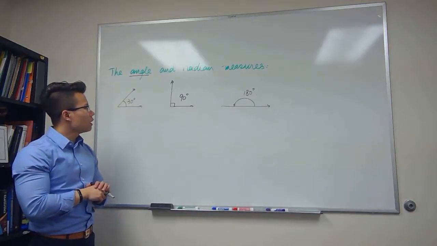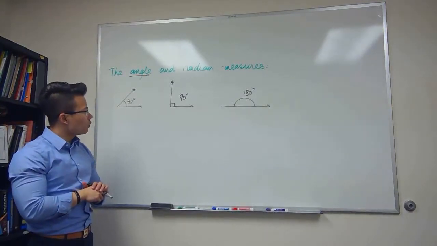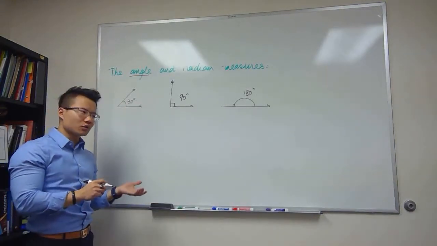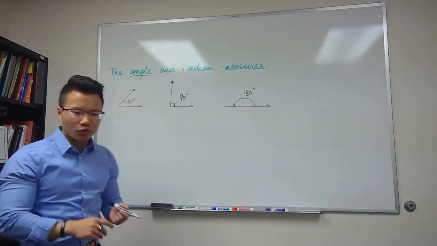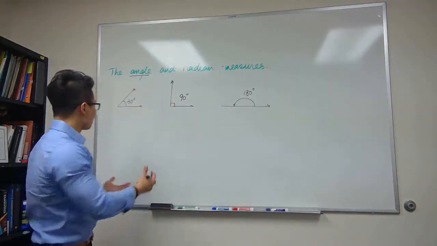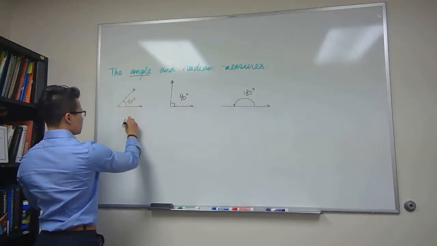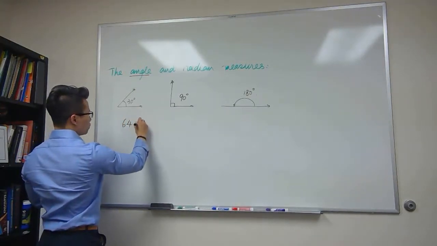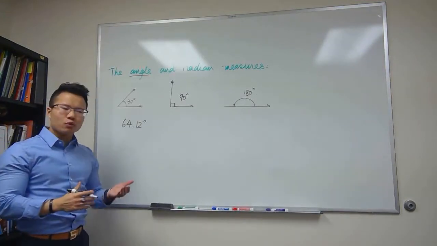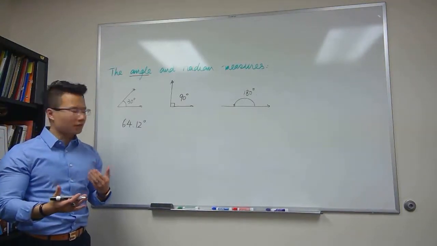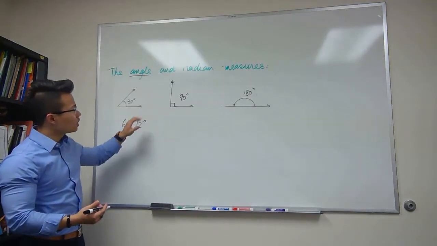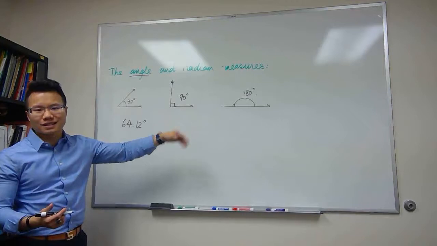Okay. And as we know, we're always using nice numbers. What if we have a number that is not that nice? Like 64.12 degrees, something like that. And how do we write this a little bit differently? So obviously, this is in degrees. And how do we write things in minutes and seconds?